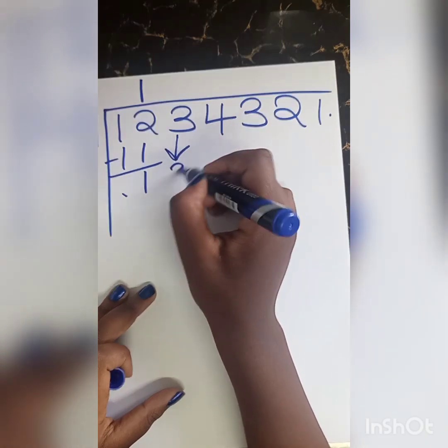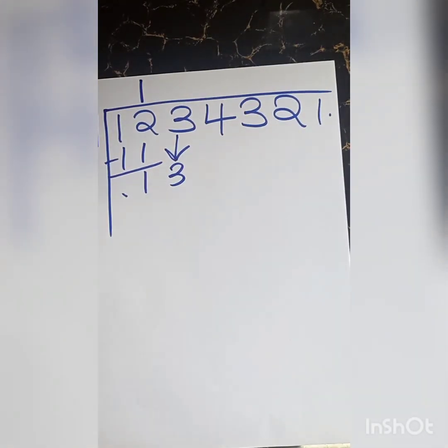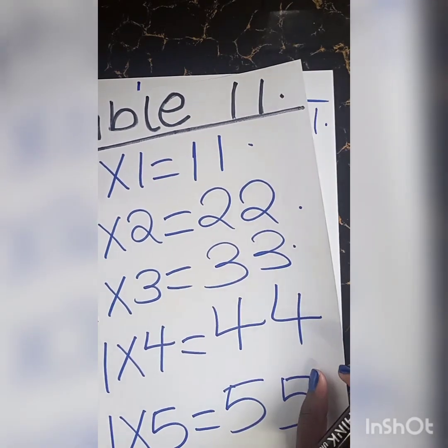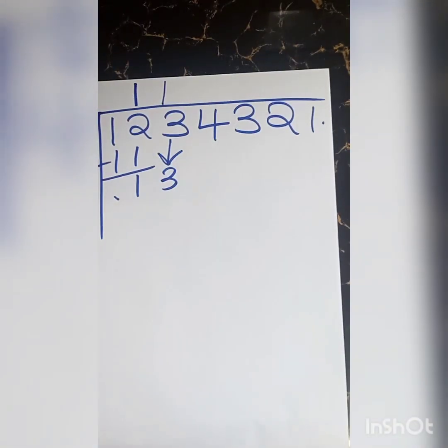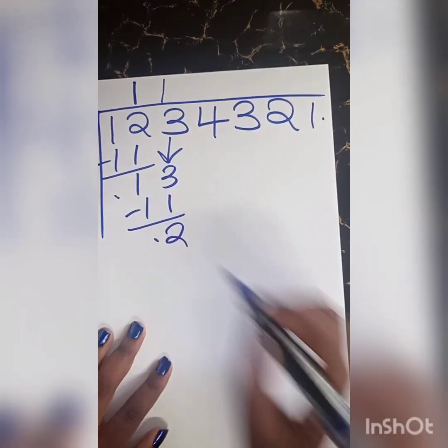Then when you drop the 3, you get 13. So where does 13 fall in table 11? 13 is also in between 11 and 22. So we'll write a 1 here because 11 is less than 13. So 1 times 11 is 11 and 3 minus 1 is 2.